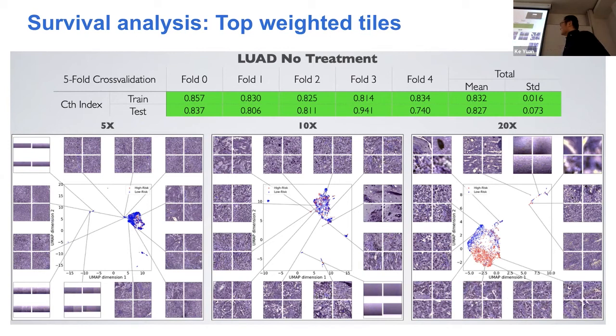Again, if you look at the highly weighted tiles in the latent space, you see some of them do capture meaningful patterns, where in some places you see intrastromal infiltration, but you start to see things that are a little bit weird. And again, this artifact seems to be very stubborn.